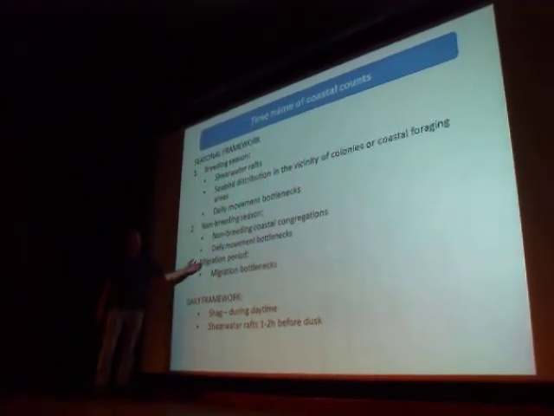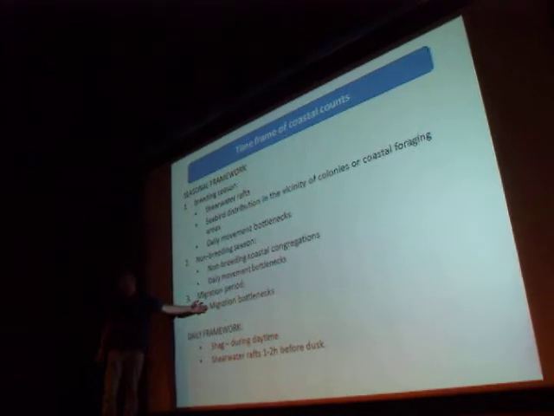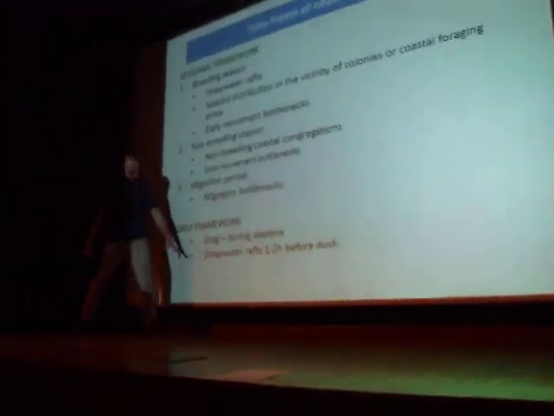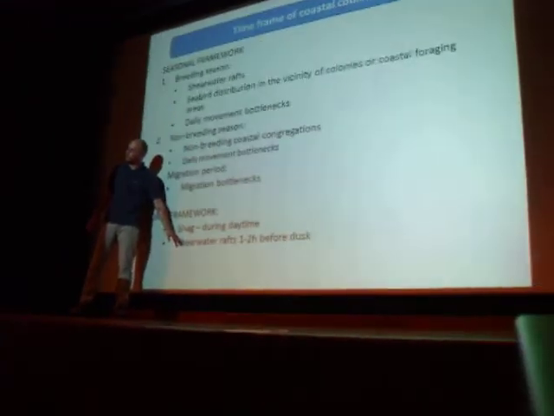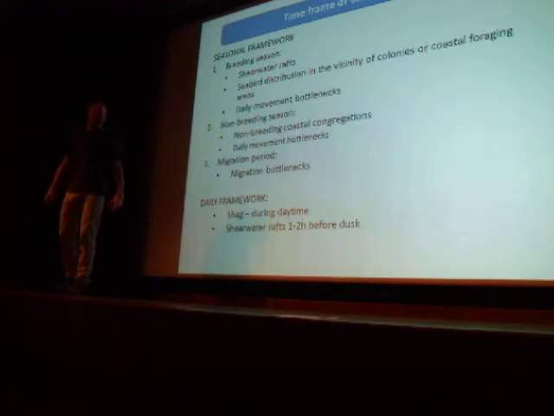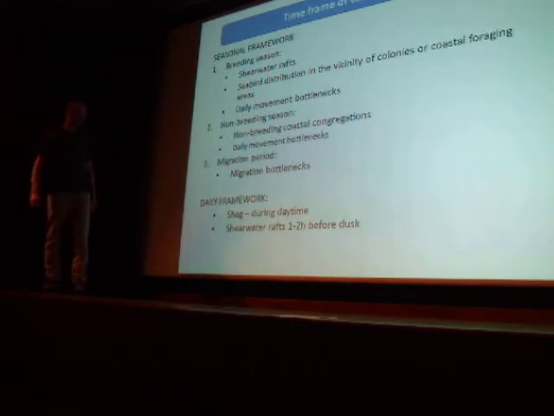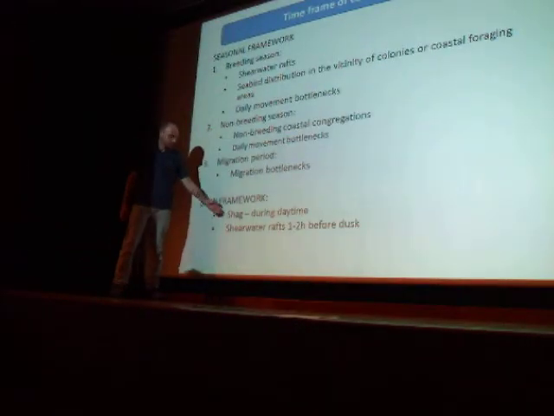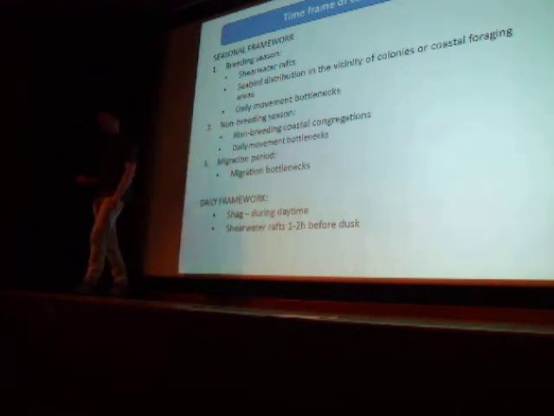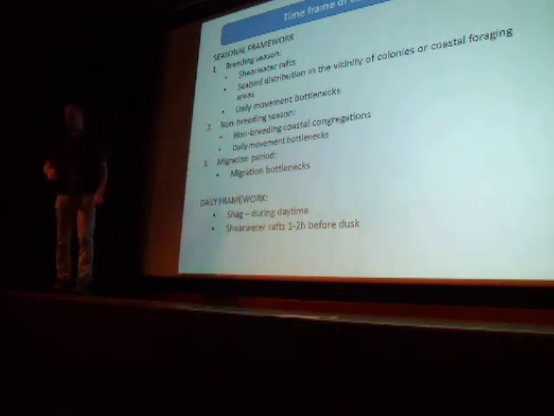Then, during migration period, it's primarily the bottlenecks. And during the day, like I mentioned before, for shearwaters, for rafts, it's 1 to 2 hours before the dusk, but for shags, because they're not really nocturnal birds, they're roosting at night.